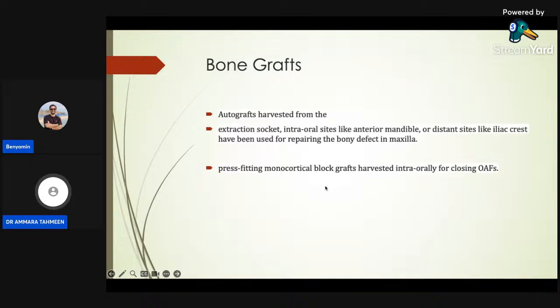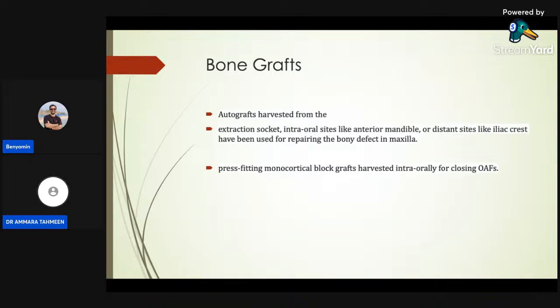We get blocks of bone graft. This is allograft. As most of you have seen, we get bone graft in the form of granules or powder, and we also get blocks in different shapes, rectangular, square, and cylindrical. So these grafts we can directly press into the socket along with the membrane.